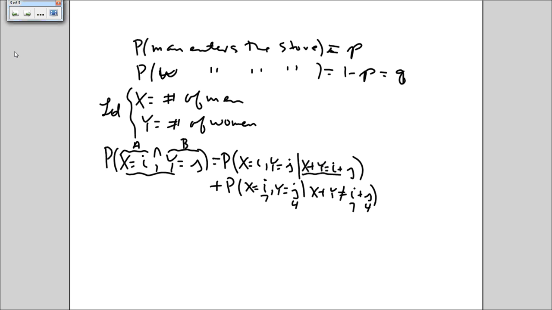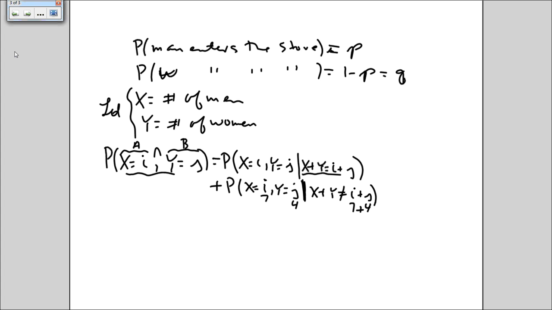Remember, X plus Y represents the number of people that came to the store. If 11 people did not come in the store, that is what you're given. Say you're the boss and you come into the store and ask your worker how many people came in, and they say, I really don't know, except that it's not 11 people.